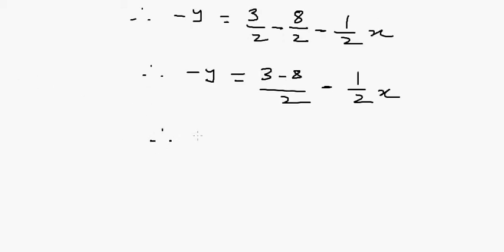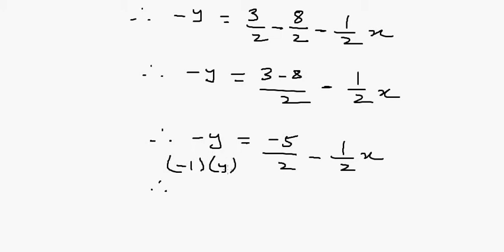Therefore minus y is 3 minus 8, which is minus 5, upon 2 minus half x. Now I don't actually want minus on this side. I just want y, I don't want negative y. So what I can do is, it's like multiplying y with minus 1.